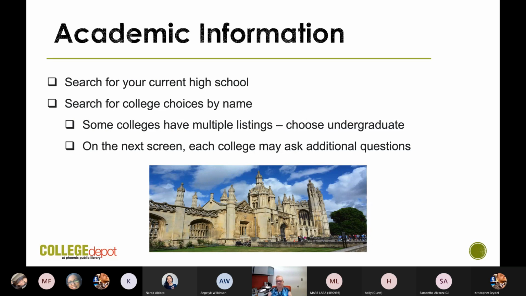Let's talk about academic information for a moment. That is below the residence information. I'm clicking on it right now in my own. Academic information is going to ask you about what you're doing right now as a student. Many of you or all of you are in high school.